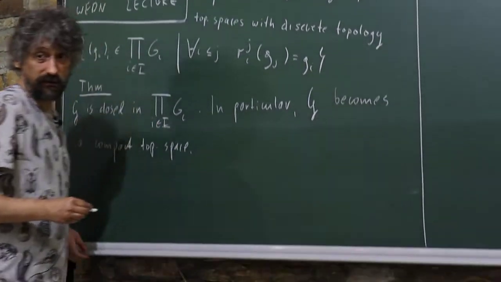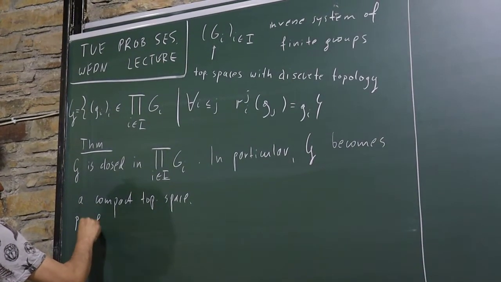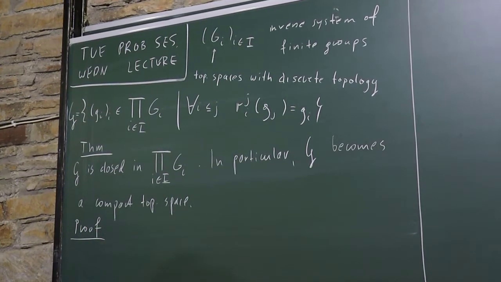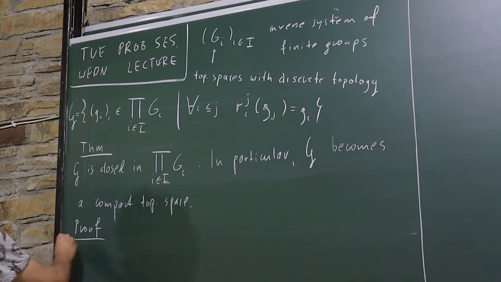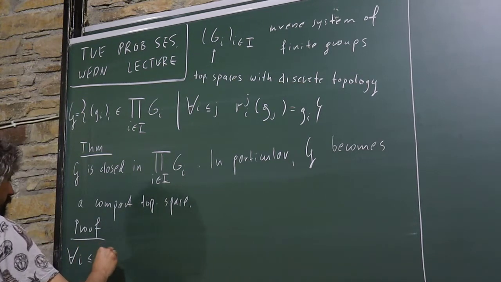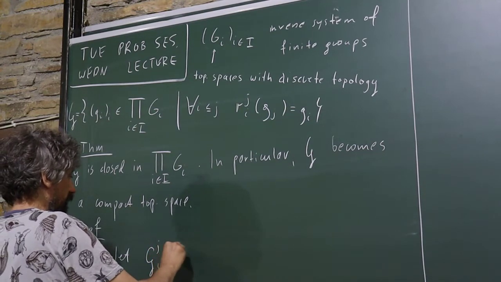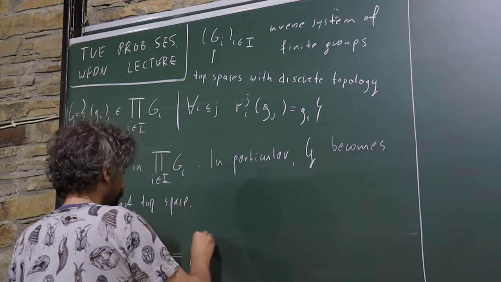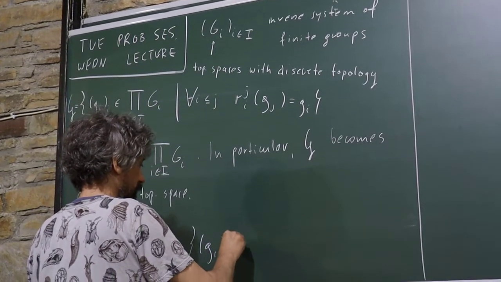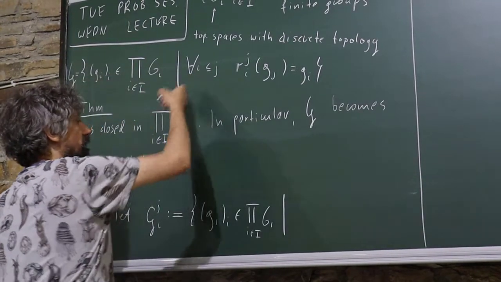Okay, so let's prove it. Not difficult. Proof. I will represent it as an intersection of many closed subspaces, basically those given by these conditions. So for each i smaller than j, let G_ij be the set which satisfies only this one condition, such that there is no quantifier here.